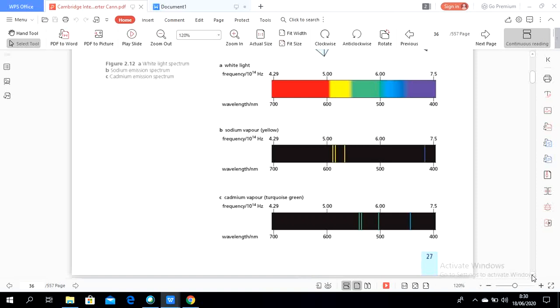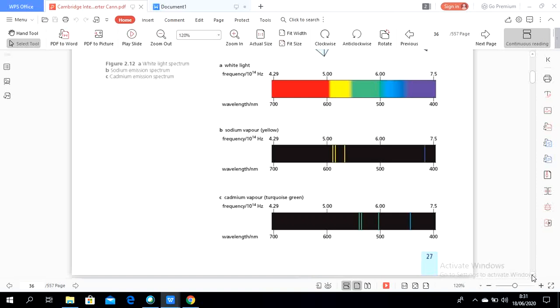Do we need to learn this frequency? We need to know that there is a relation between the speed of light, frequency and wavelength: v equals f times lambda.